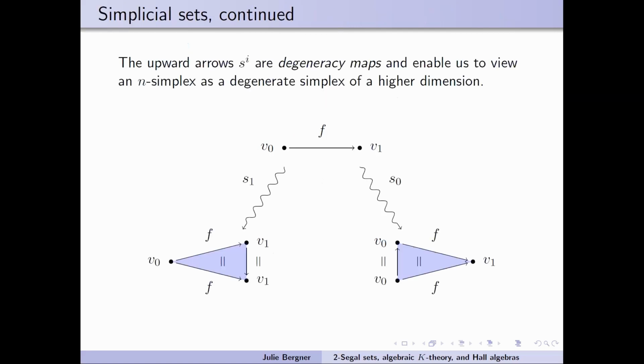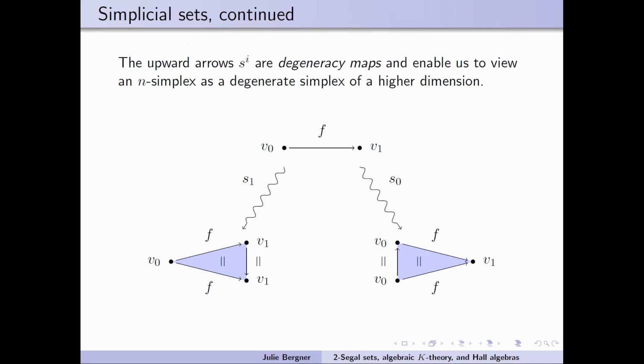Okay. Now the upward arrows, these are the things that are maybe not familiar if you've only thought about simplicial complexes. These are what are called degeneracy maps. They enable us to take a simplex of a given dimension and think of it as an honorary simplex of a higher dimension.